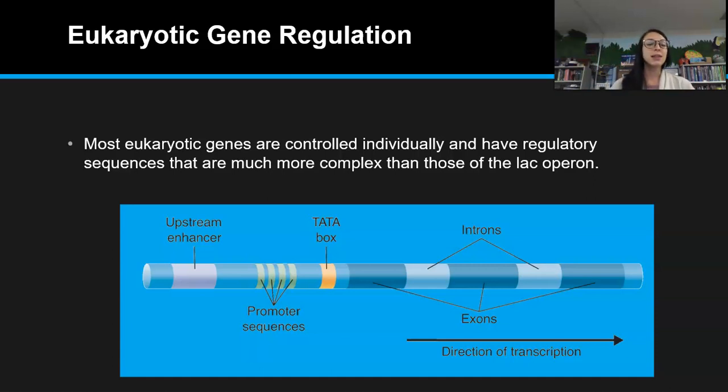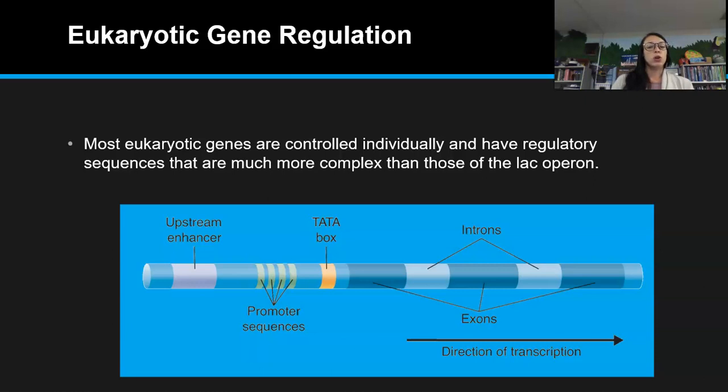Eukaryotic gene regulation is a little bit more complex. They follow some of the same systems, but you are a more complex organism, therefore the process is in general, by nature, more complicated. Most eukaryotic genes are controlled individually and have regulatory sequences that are much more complex than those of the lac operon.